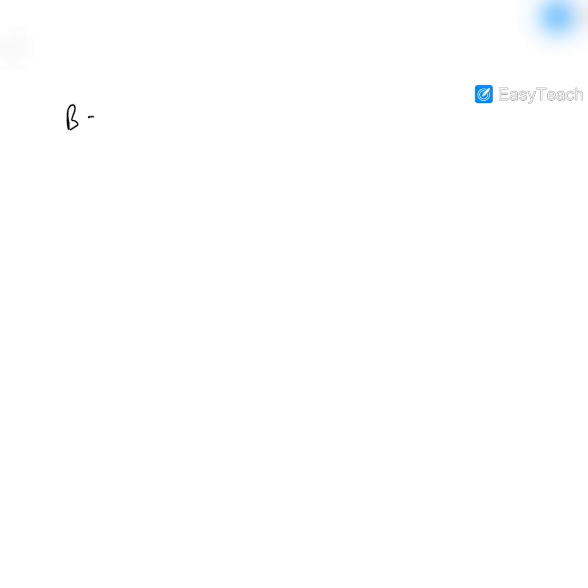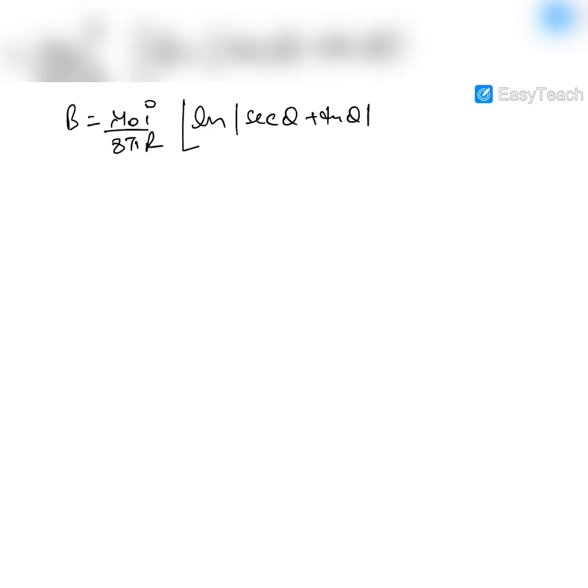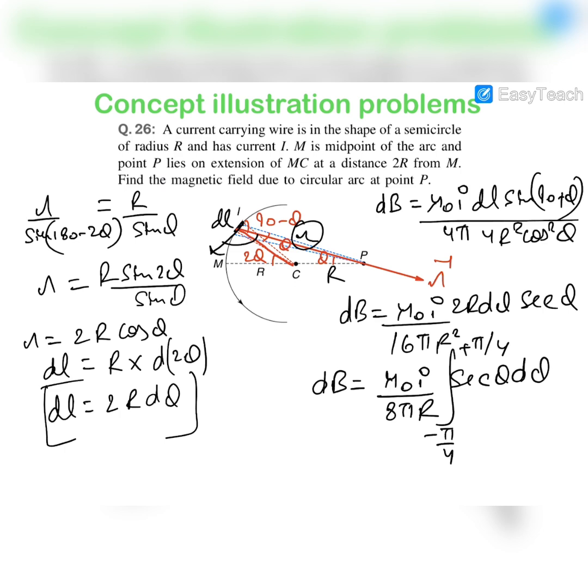B will be equal to mu naught I by 8 pi R, and the integration of sec theta is ln sec theta plus tan theta in the mod, and the limit will be from minus pi by 4 to plus pi by 4.